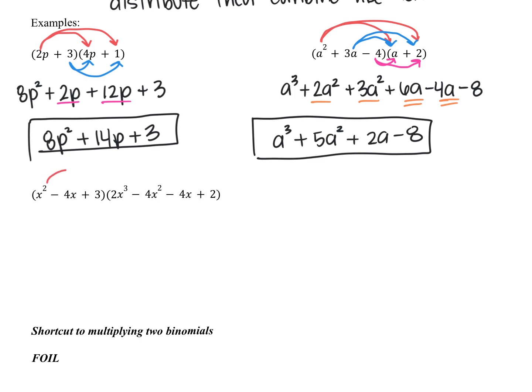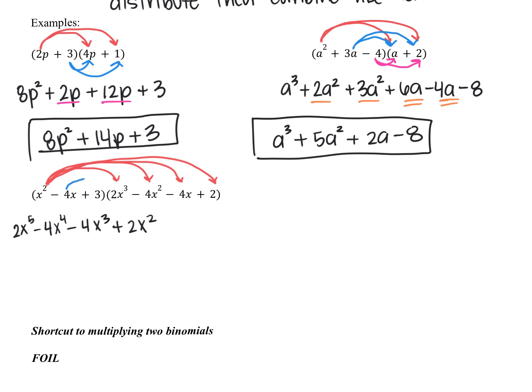So I'm going to distribute my x squared first to everything in my second set of parentheses. You're going to end up with 2x to the 5th minus 4x to the 4th minus 4x cubed plus 2x squared.